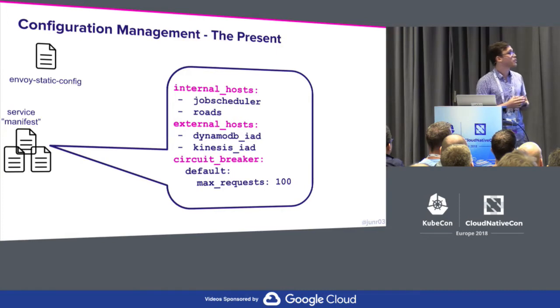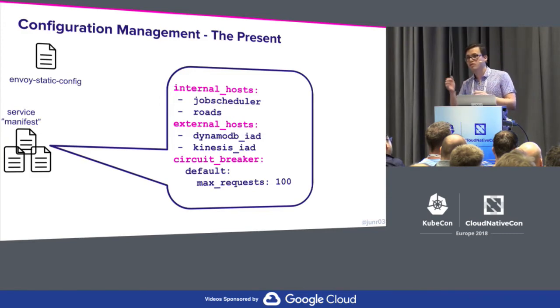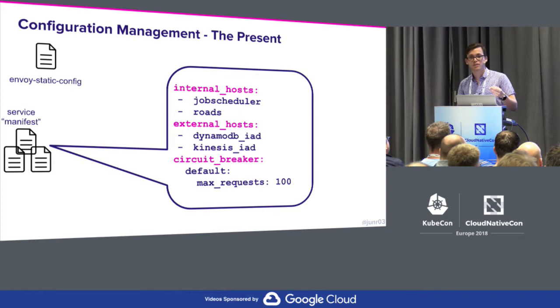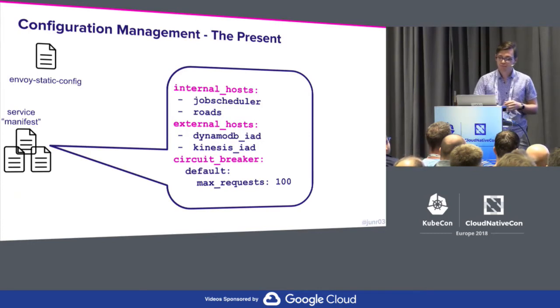So a snippet of Envoy configuration in this manifest might look like this, where you define, for example, internal services at Lyft, roads, locations, ETA, external services that your particular service might communicate to, like Kinesis or Dynamo, and also other important aspects of the control plane that we want to expose to service developers. So for example, again, circuit breakers, max retries, shadow traffic.